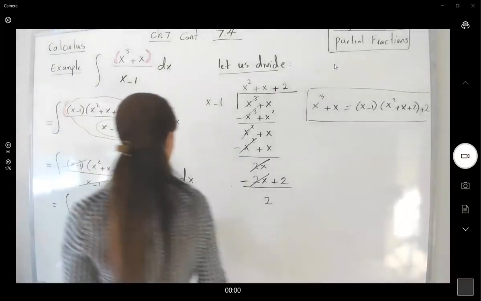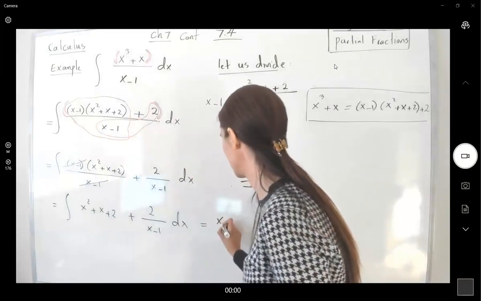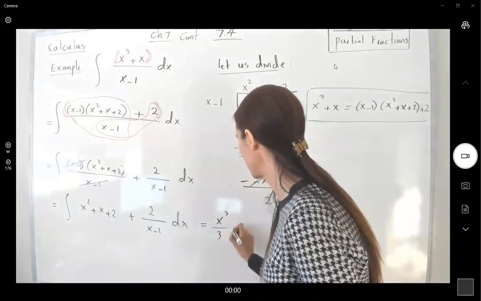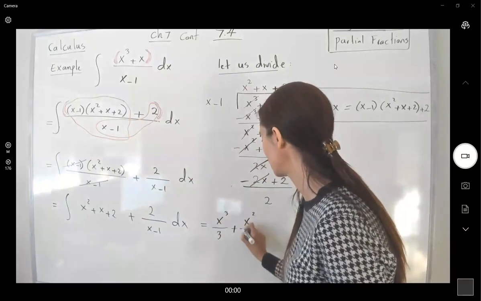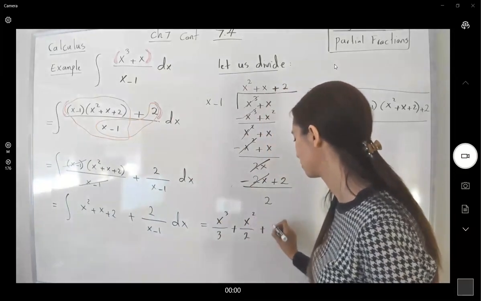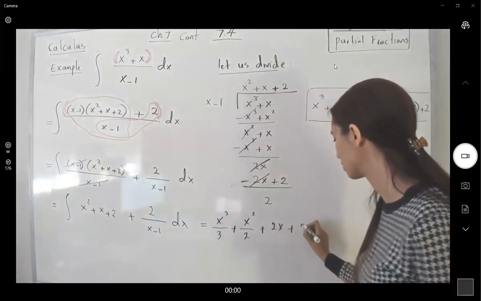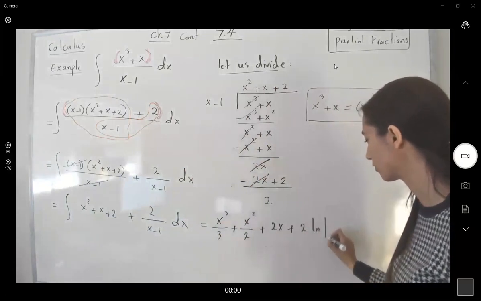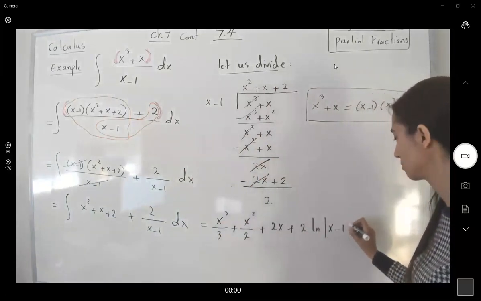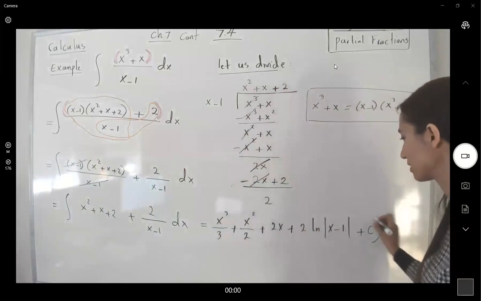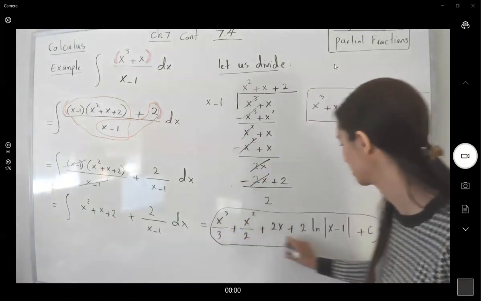We already know how to find these integrals. This is going to be x cubed over 3 plus x squared over 2 plus 2x plus 2 times ln of absolute value of x minus 1, plus constant of integration.